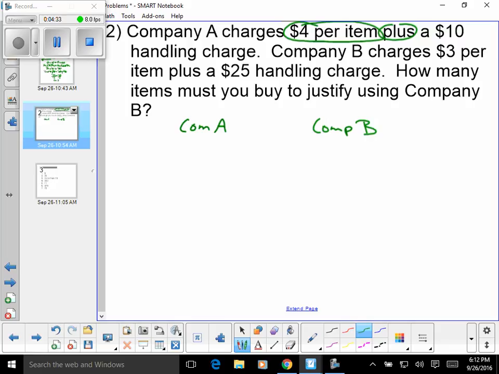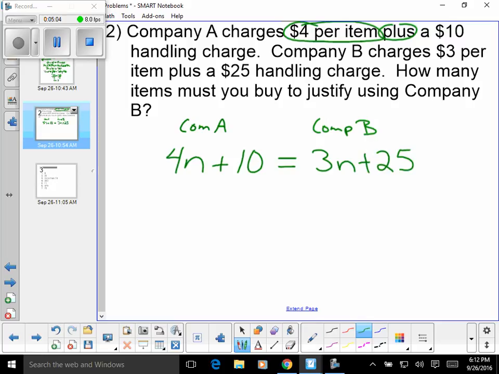What they're really asking you for here is when will it make more sense to go with Company B versus Company A. So if we look at the first one, $4 per item, I want to know the number of items. So $4 per item plus the $10 handling charge is going to equal $3 per item plus a $25 handling charge.